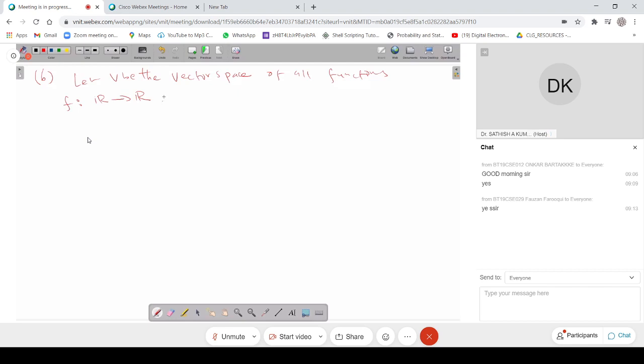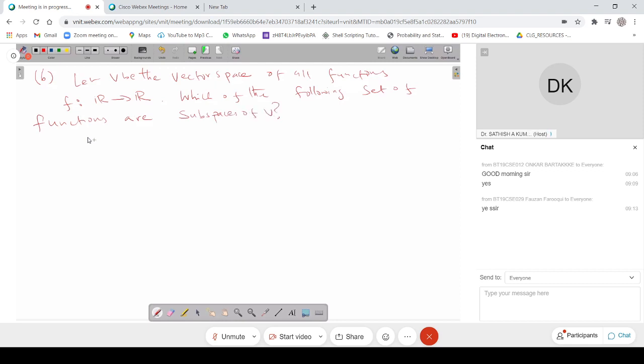Now the question is: which of the following sets of functions are subspaces of V?